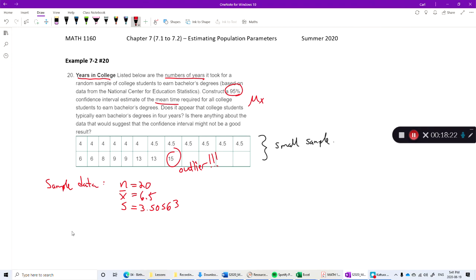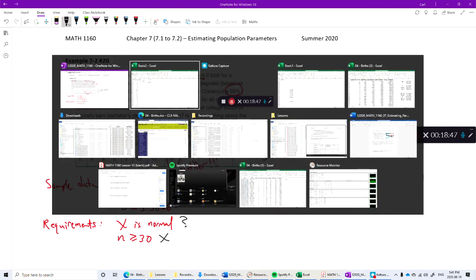So to proceed here, to carry on with the procedure, we need to know that either X is normal or N is greater than or equal to 30. Well, I know that N is not greater than or equal to 30. It's only 20. Is X normal? Well, now we need to use our skills from section 6.5.